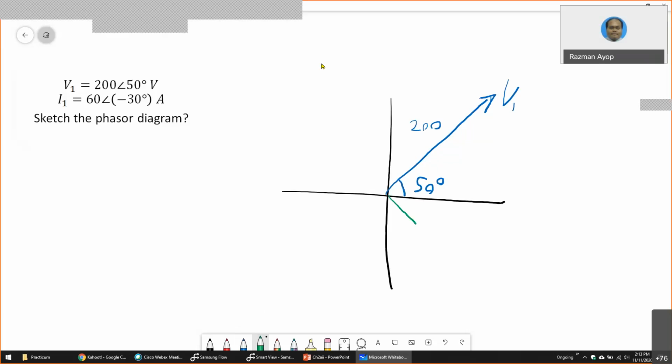So make it shorter. The angle is negative 30, the magnitude is 60, and this one is I1. So that is how you do a phasor diagram. Make sure you know how to do this because these are usually one third of the marks.